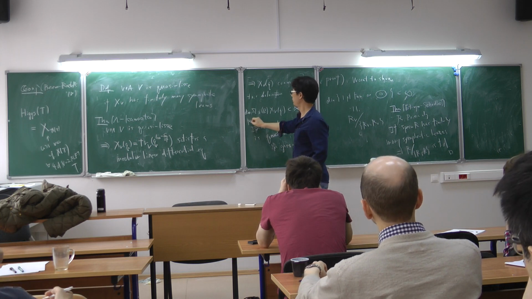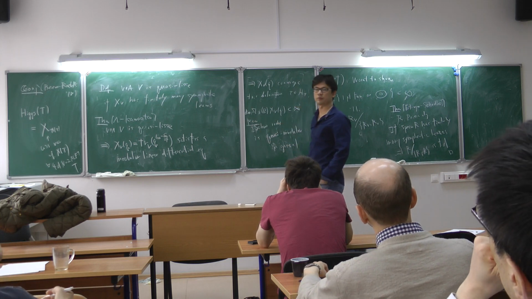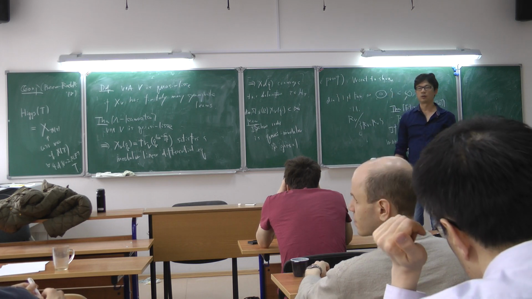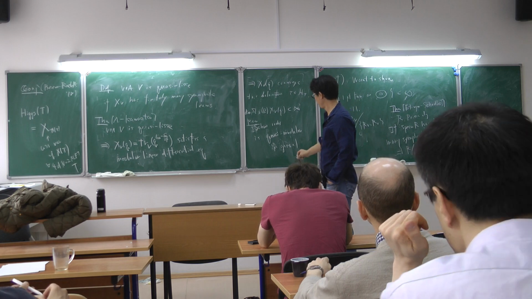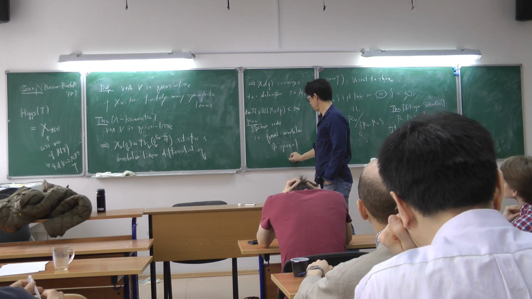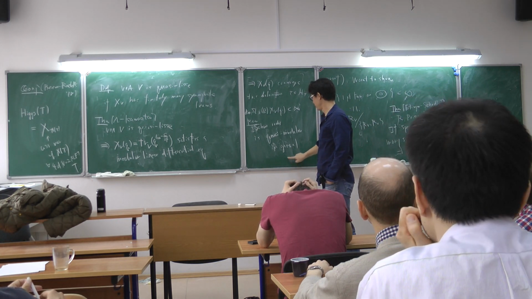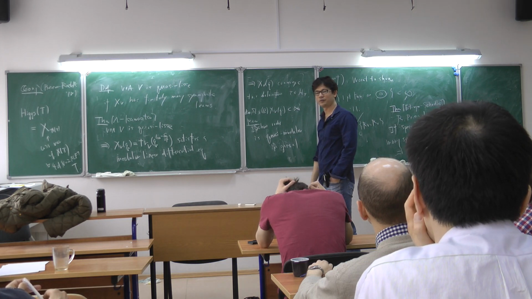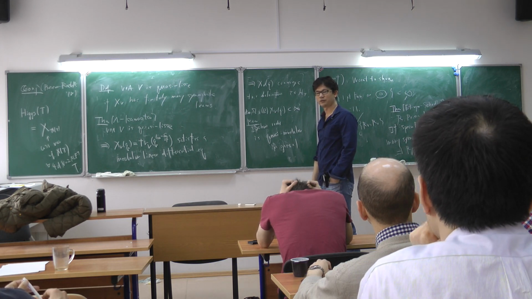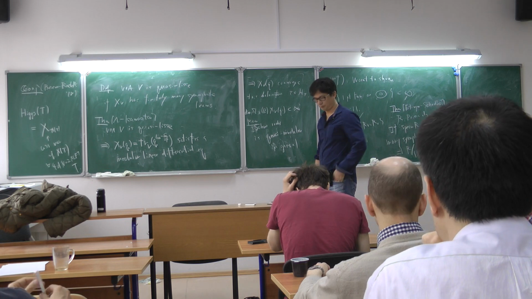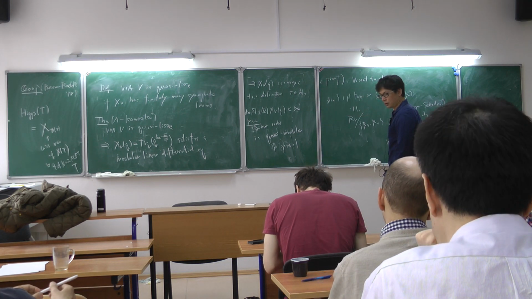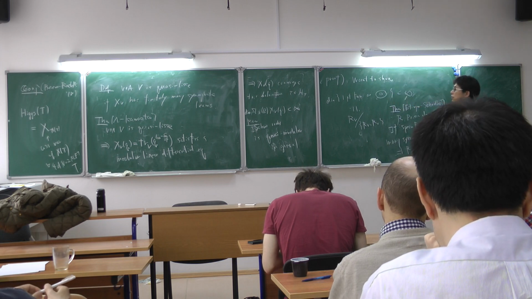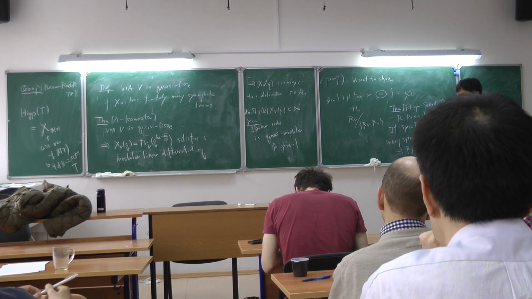It's modular for the case of the admissible ones. It contains the tau derivative of Eisenstein series. Okay, so now I want to explain more examples.